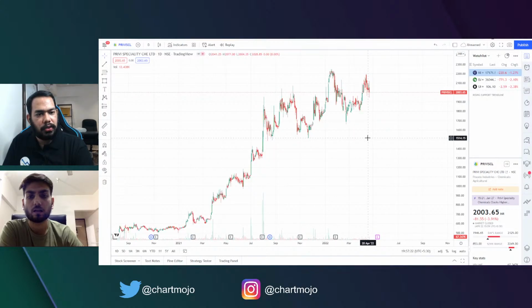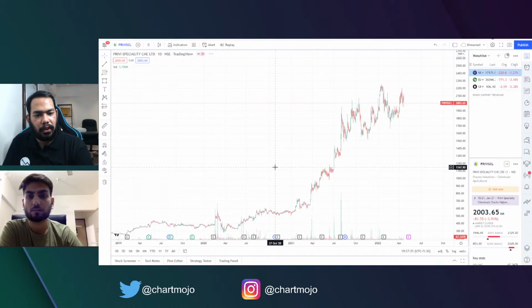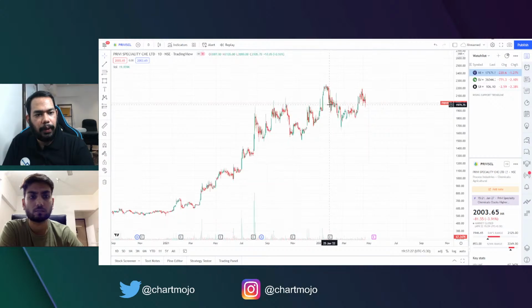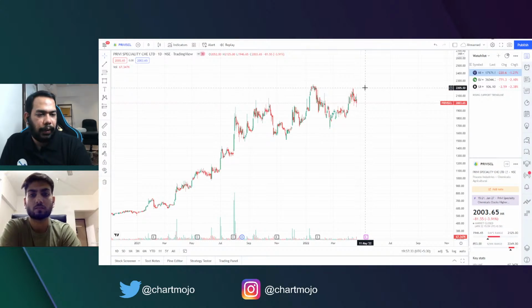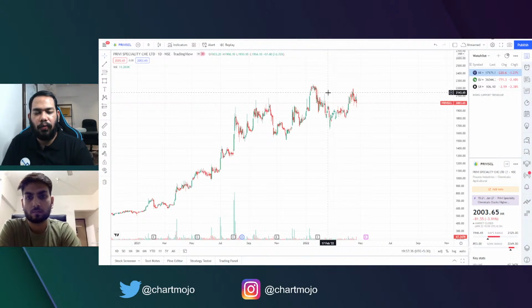Okay, this counter is also sideways after a good upside movement. You can see a kind of rising channel forming here. I can see the volume is also quite thin.